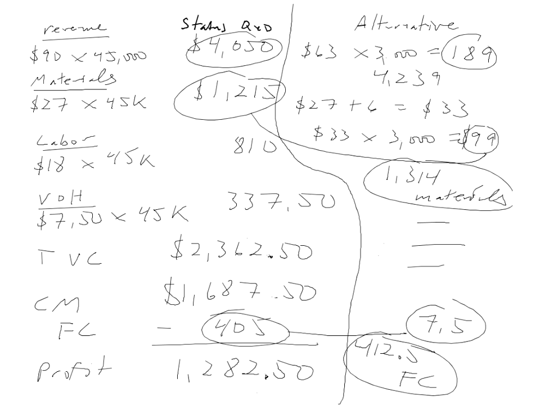All right. So you guys go ahead and calculate all that. What you'll see at the end is once you get all your numbers and add it all up, you're going to see that your profit for the first column is 1,282.50, but the alternative is 1,278.90.